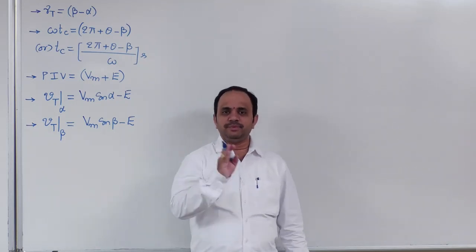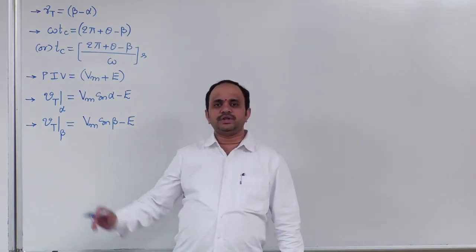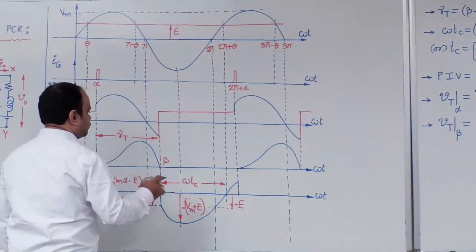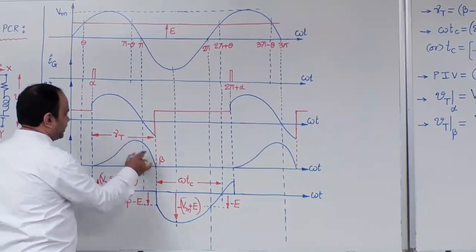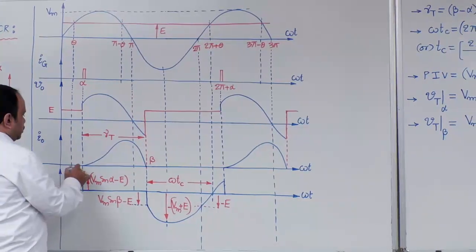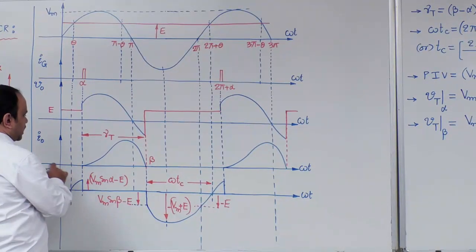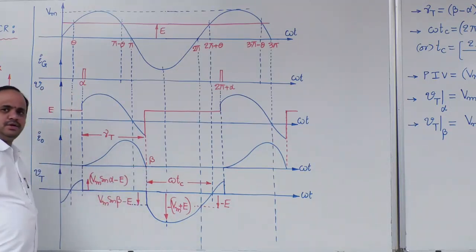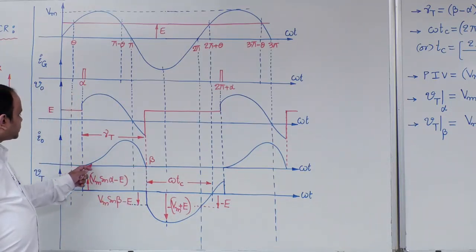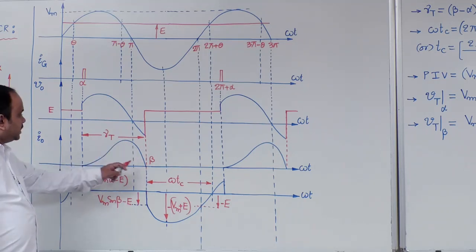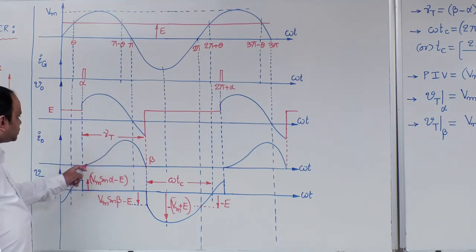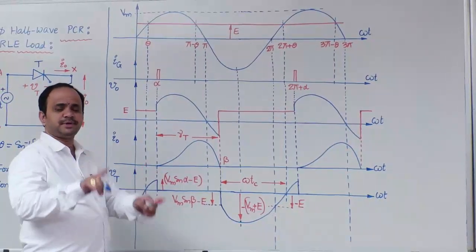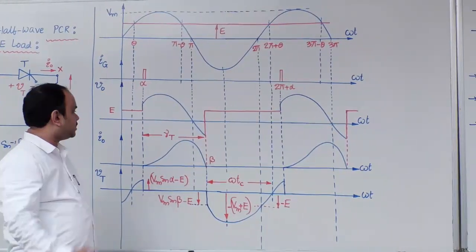It is all just for convenience. Why? Because if you look into the waveform here, to find the average output current expression you have to integrate the I0 equation from alpha to beta. The expression for this I0 is a very lengthy equation, and integration of that particular expression is a gone case.